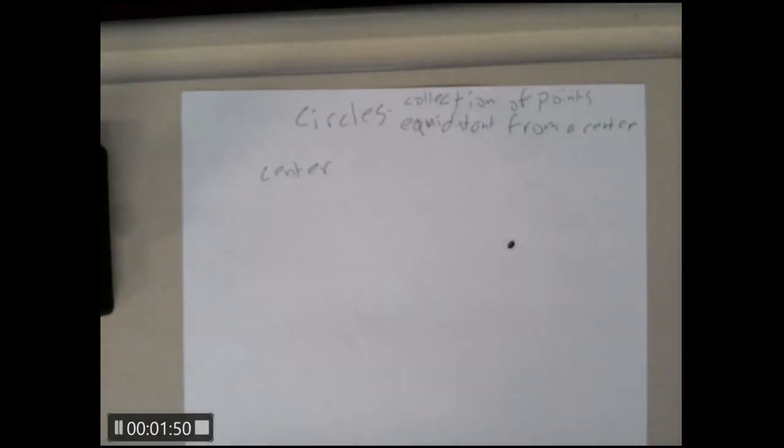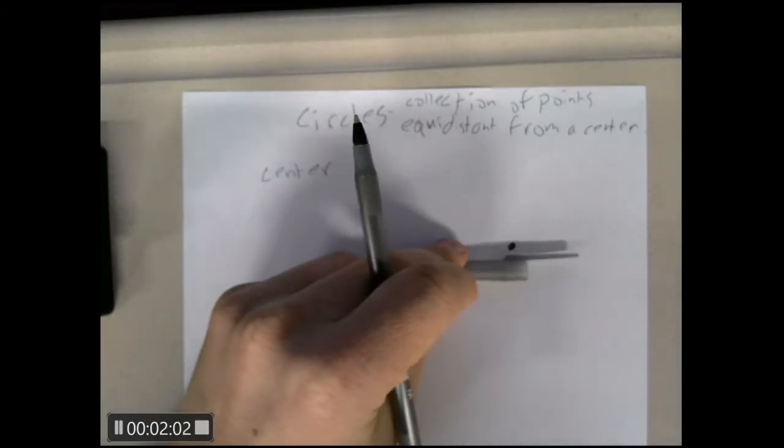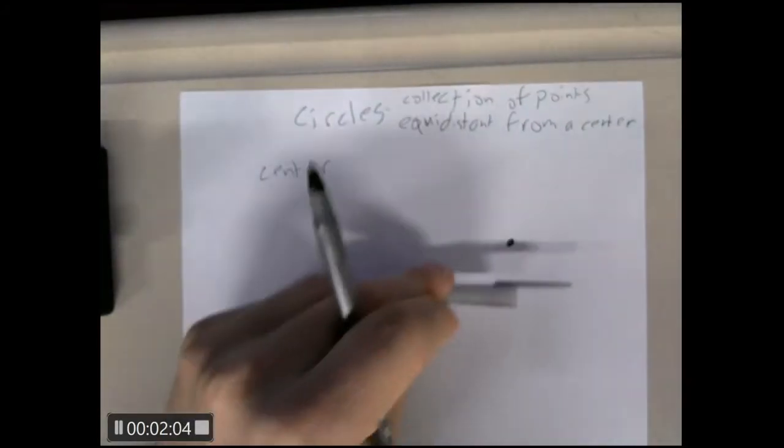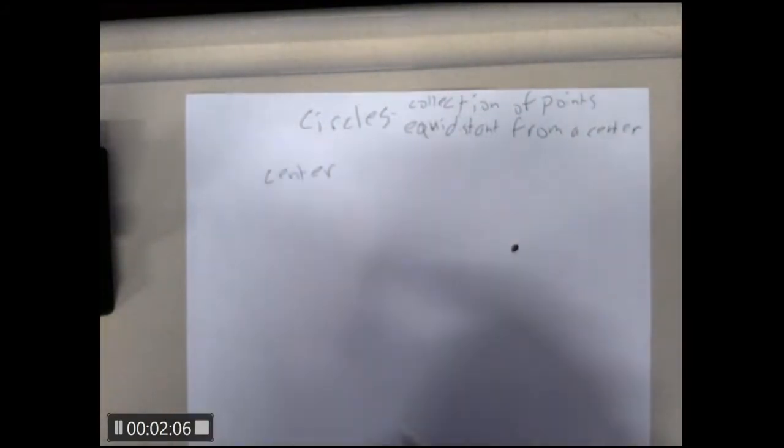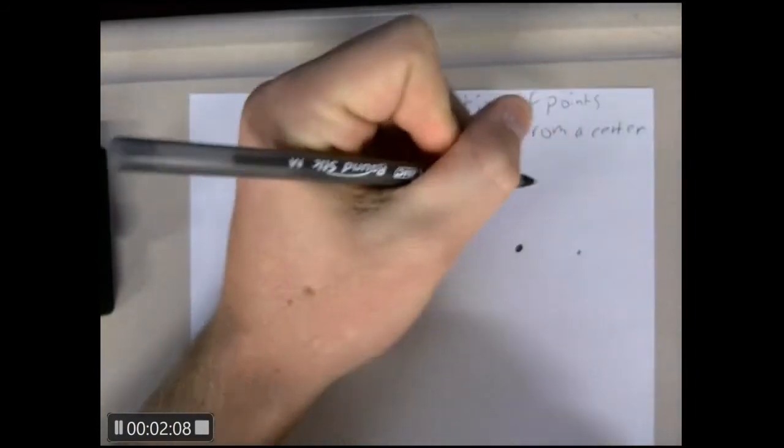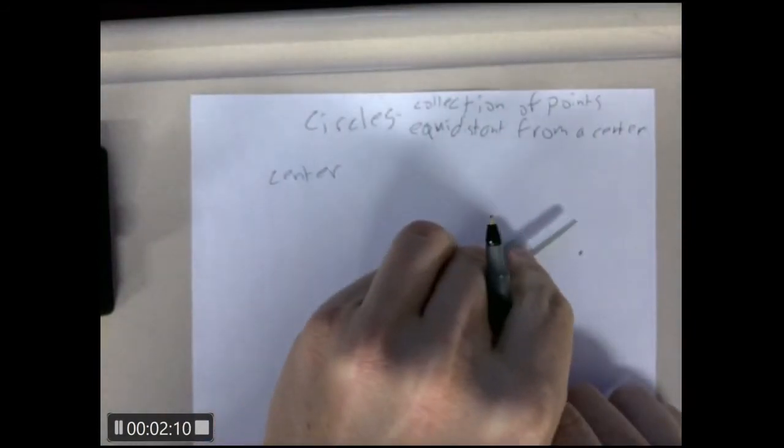Basically, from the center, we're going to talk about this equidistant. Equidistance means they're all the same distance away. So you can do whatever you want to measure it out, or just eyeball it. I'm just going to go about that far out, about that far out, and put a dot, and do it again over here.